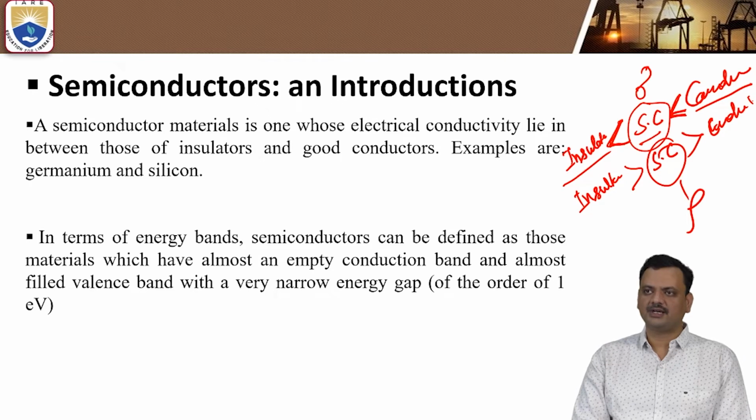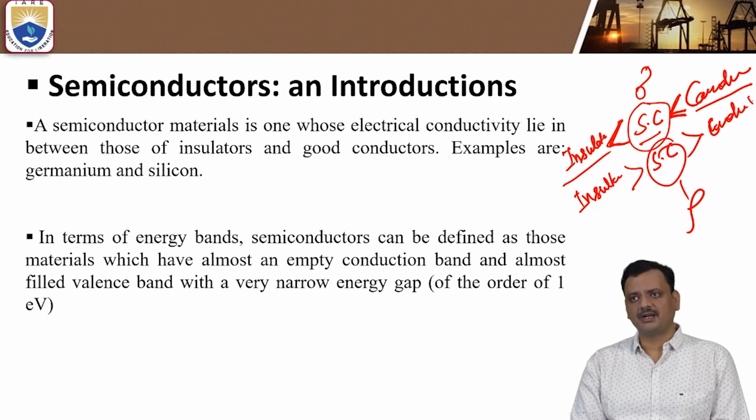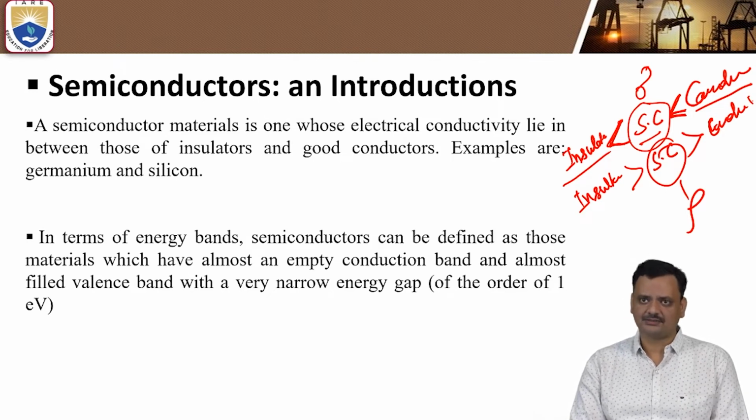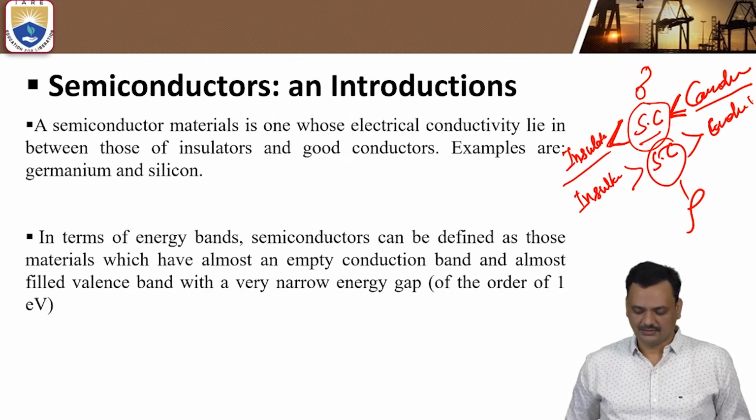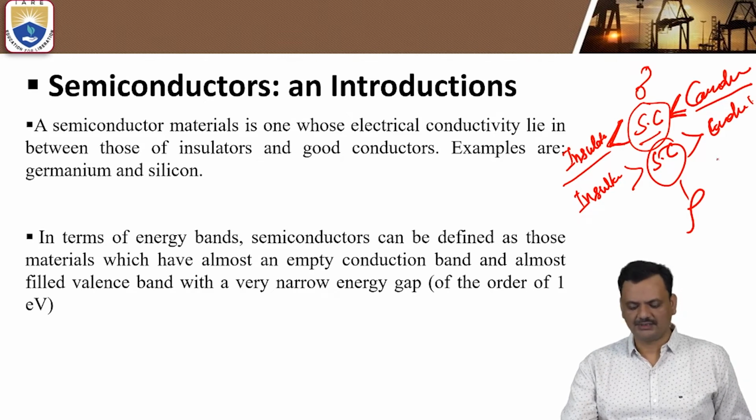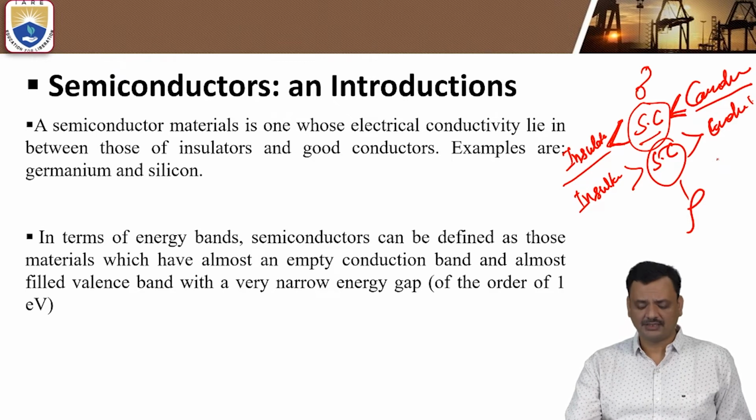In terms of resistivity, semiconducting materials have resistivity less than insulators but greater than conductors. This is the classical definition that is given in many texts.